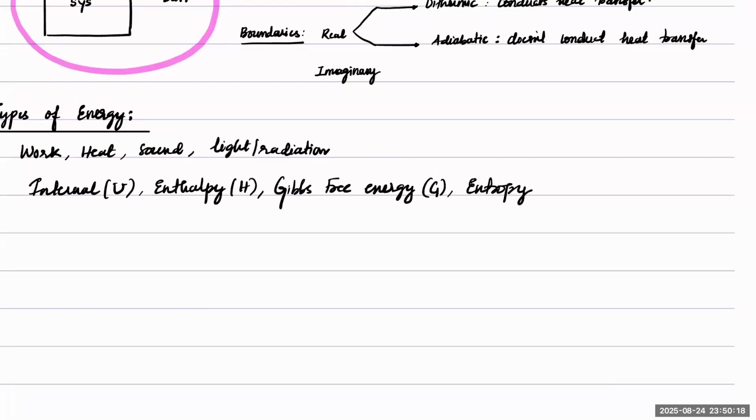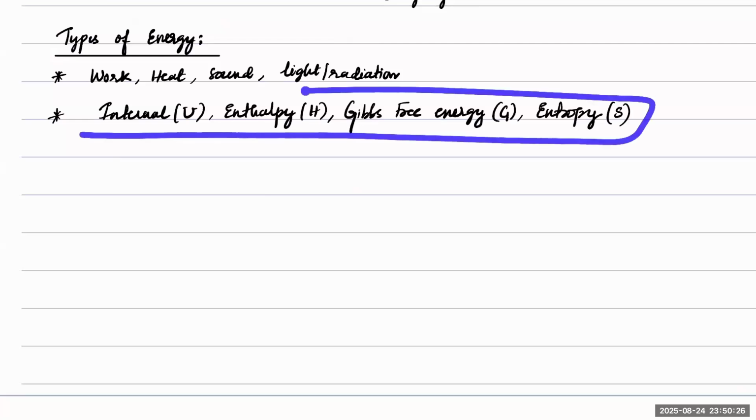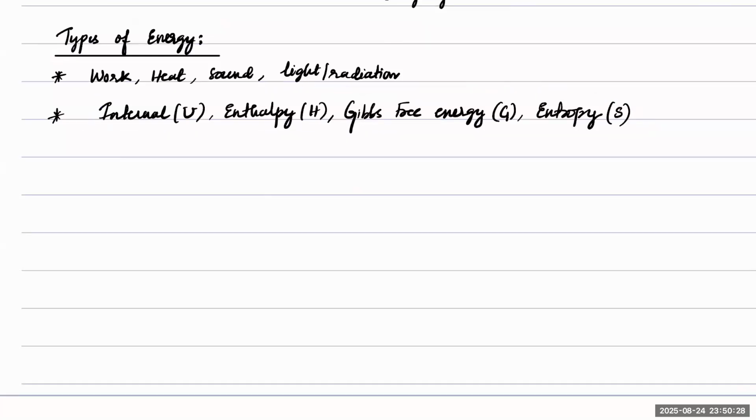So it is an energy form but per unit Kelvin. So these are the most commonly used energy terms other than work, heat, sound, light, radiation, and all of these terms. Got it?